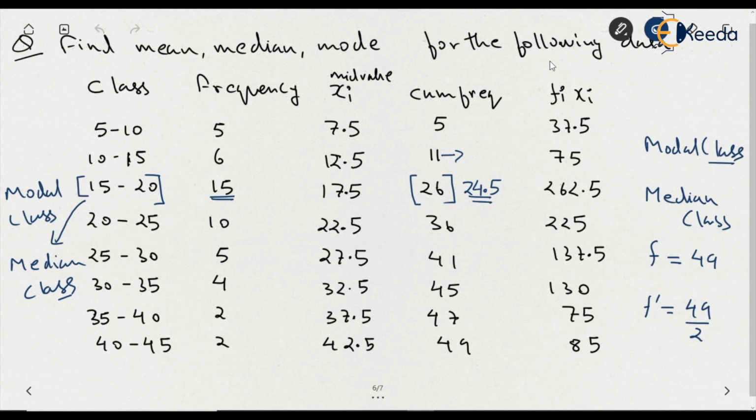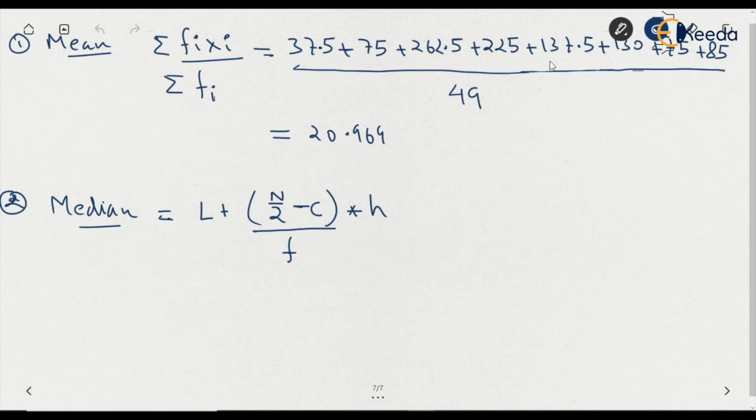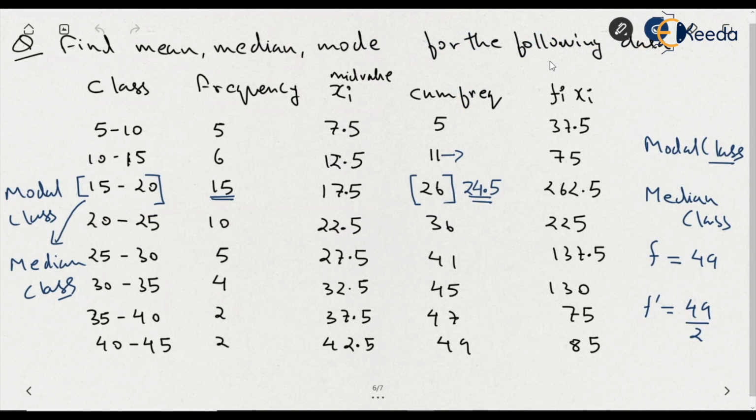So the lower limit. Now what is L? L is the lower limit of the median class, and lower limit of median class is 15. So this value becomes 15 plus n. n is the total frequency, so we have it 49.